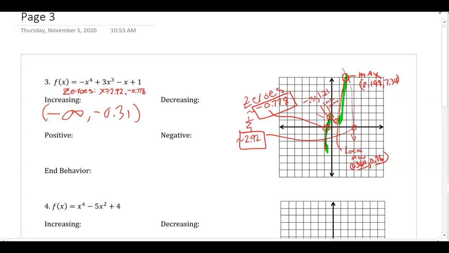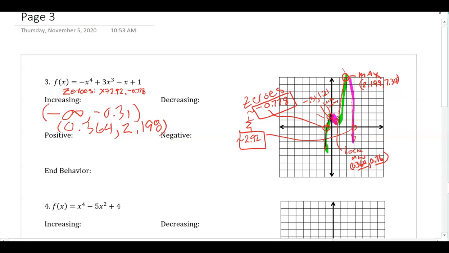And I am increasing from my local min at 0.364 up to my local max at 2.198. Decreasing when I'm going downhill.